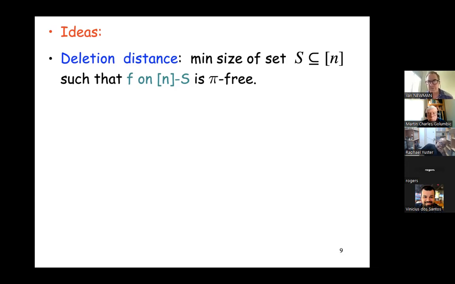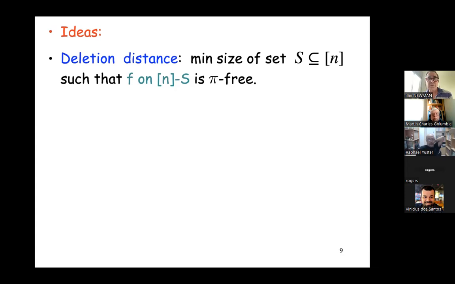Getting back to the question that was raised before, the deletion distance is just the minimum size of a set of points S such that f is pi free on the complement of this set S. Namely, if you delete S, then the restricted f is pi free. That's the deletion distance. And obviously, by my definition, the deletion distance is at most the Hamming distance.